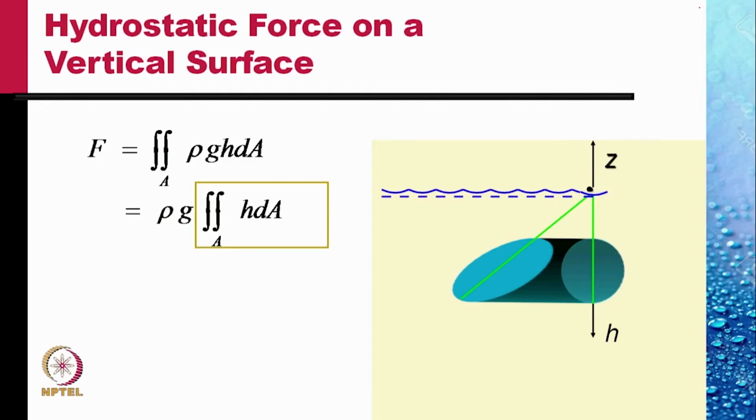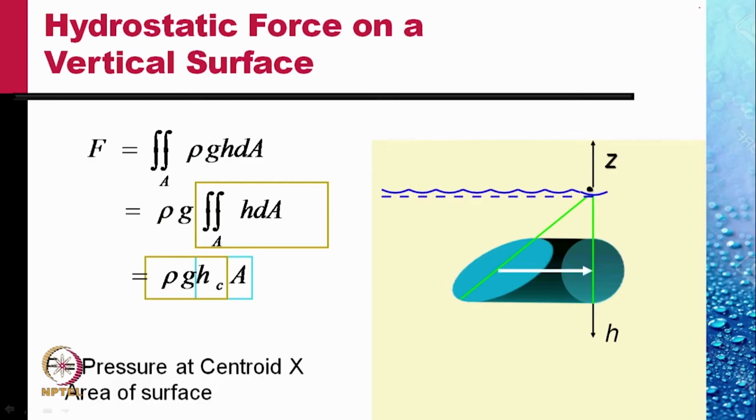The integral of h dA can be written as the depth of the centroid hc times the area of the plate A. Rho g hc is recognized as the pressure at the centroid of the plate, so that the total hydrostatic force on this vertical plate is seen as the pressure at the centroid times the area of the plate.